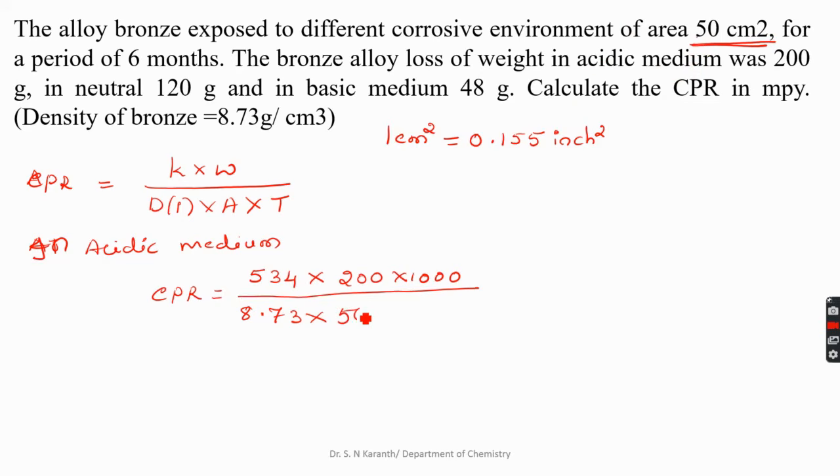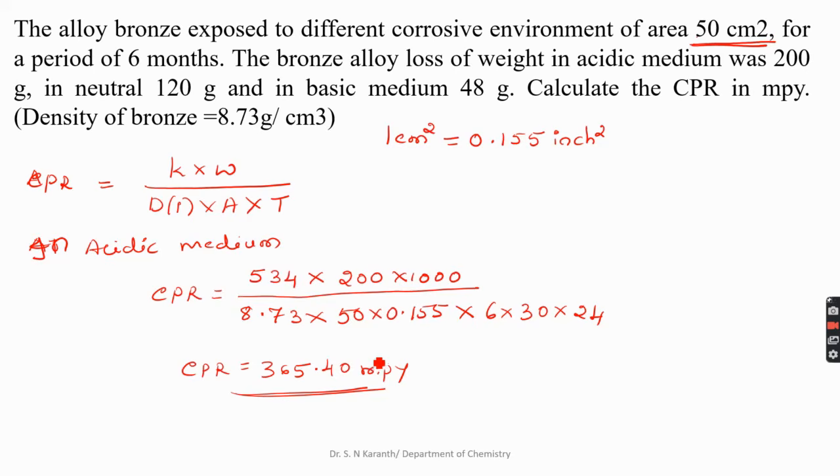You have to convert into inch square, 50 into 0.155, into the time period of 6 months. So 6 into 30, number of days, into hours, 24. So CPR now becomes 365.40 Mpy. Okay. If the medium is acidic, the loss of metal is 200 gram.